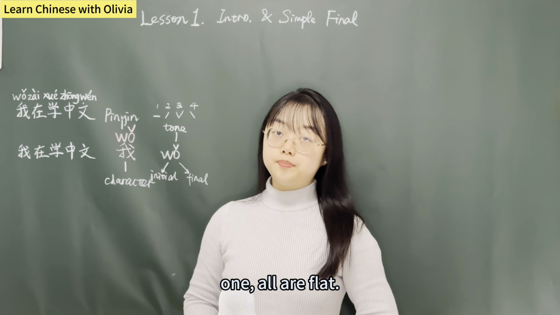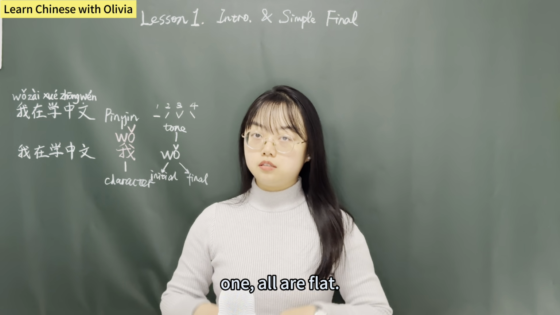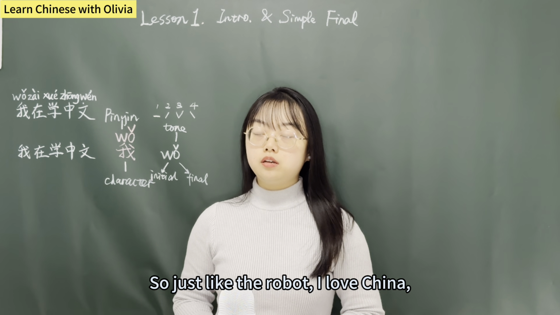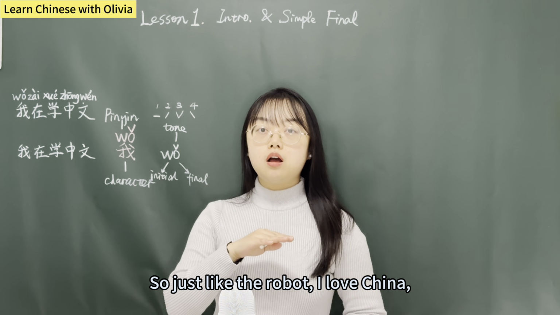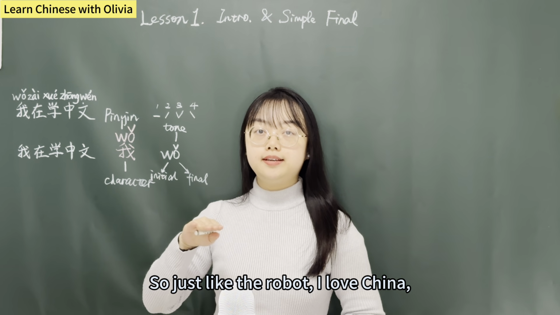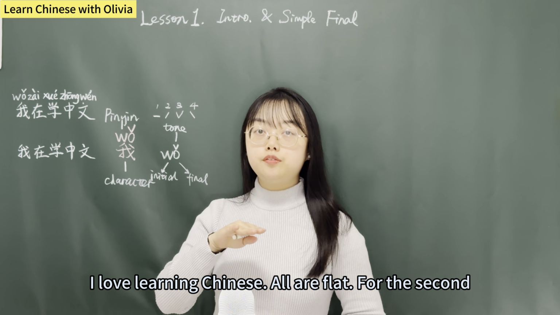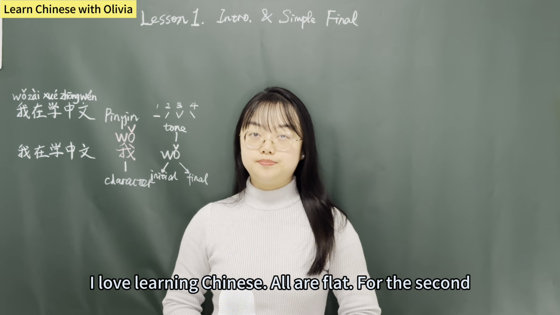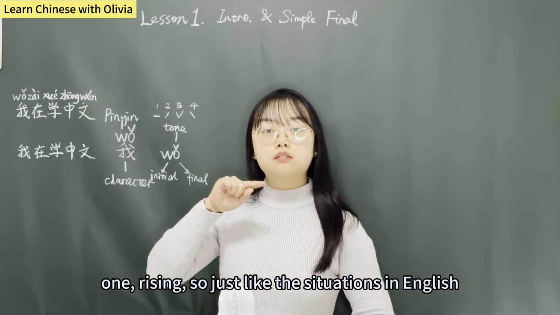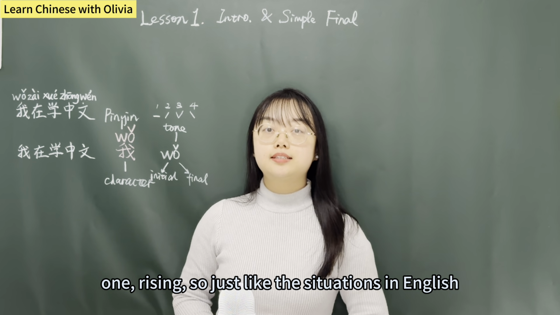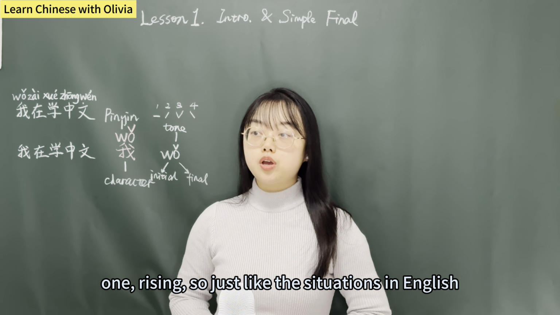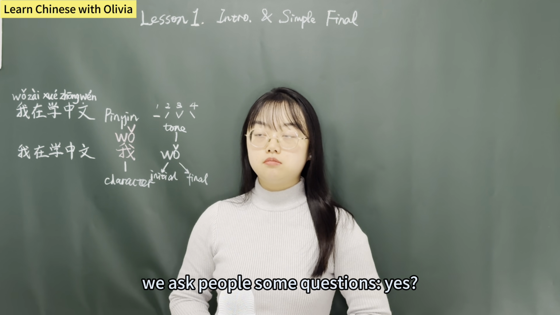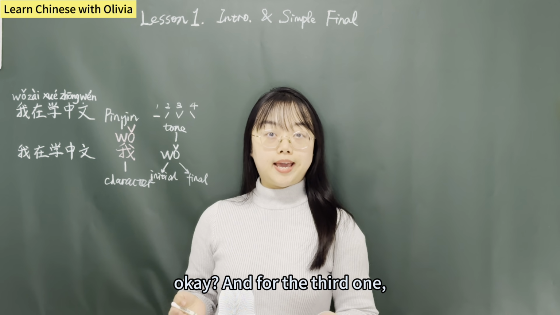For the first one, all are flat. So just like the robot. I love China. I love learning Chinese. All are flat. For the second one, rising. So just like the situations in English, we ask people some questions. Yes? Okay?